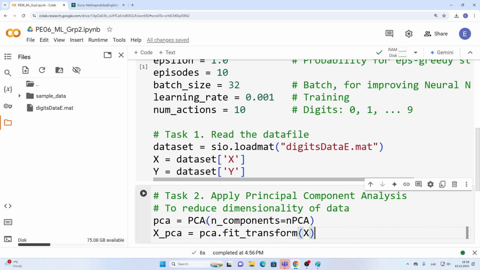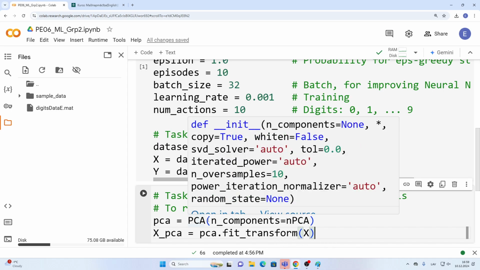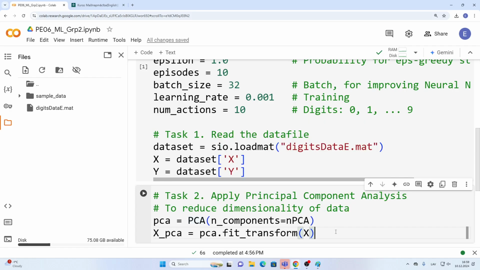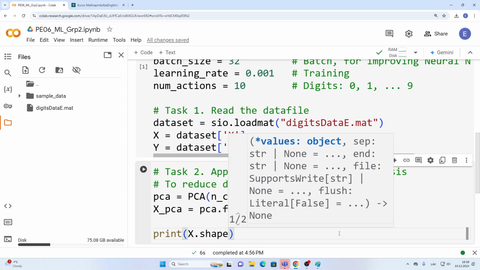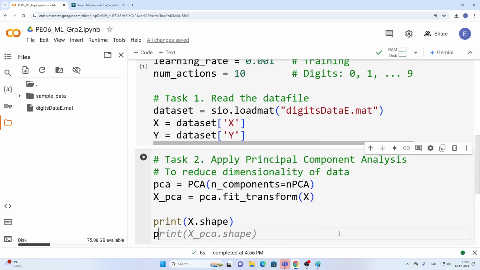And that's it. We now have reduced the dimensionality of x, which we can verify if we print out x shape and print out xPCA shape.